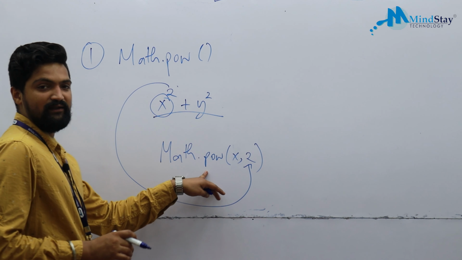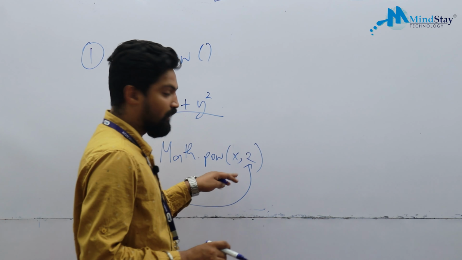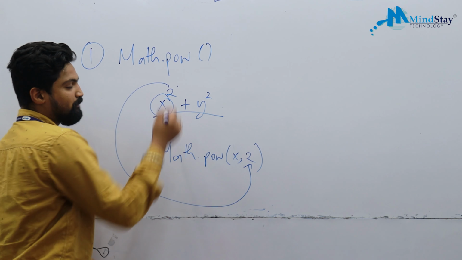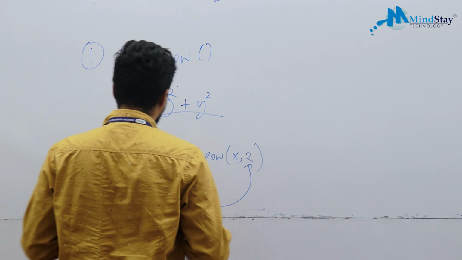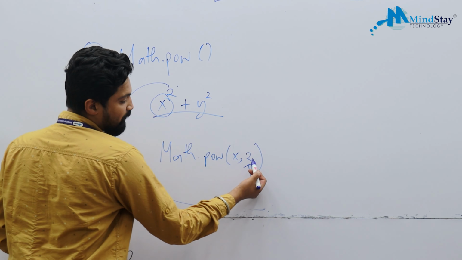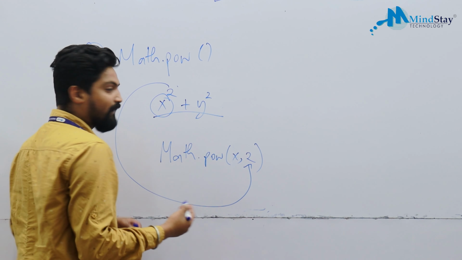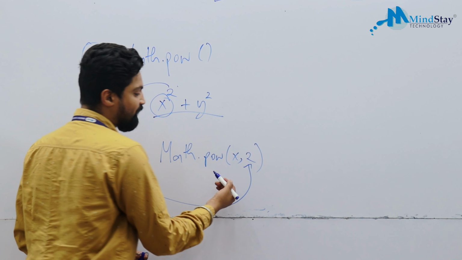So Math.pow(x, 2) is nothing but x to the power 2. When you have something like 100 or 200, you can just put the power on the right hand side and the variable on the left hand side.